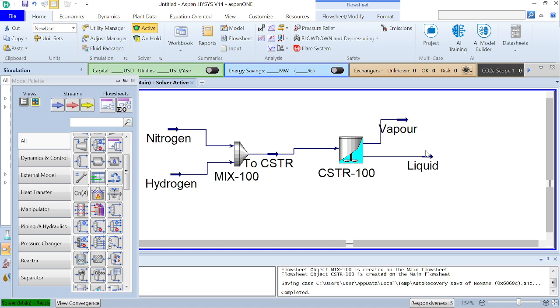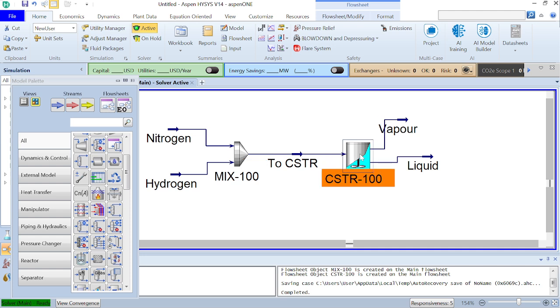Alright, but at the same time we're making use of the CSTR for it. It still works. So going forward, alright, we have ammonia in our vapor stream.